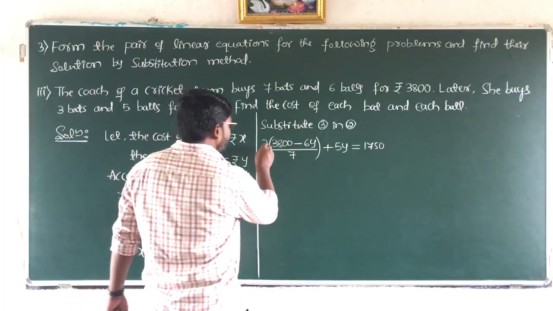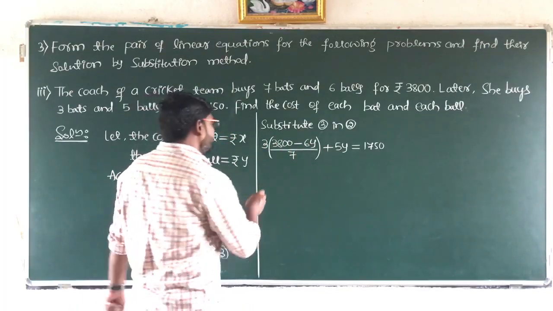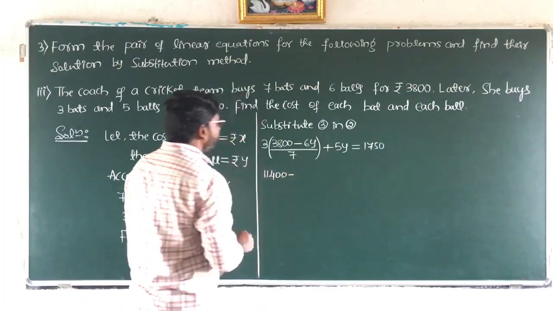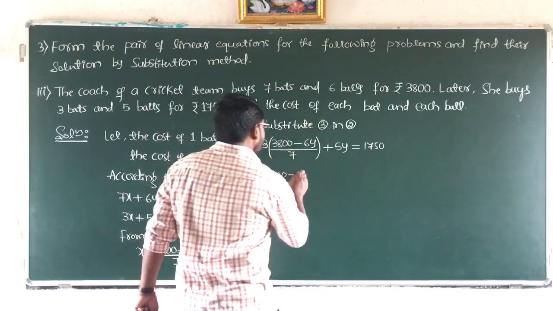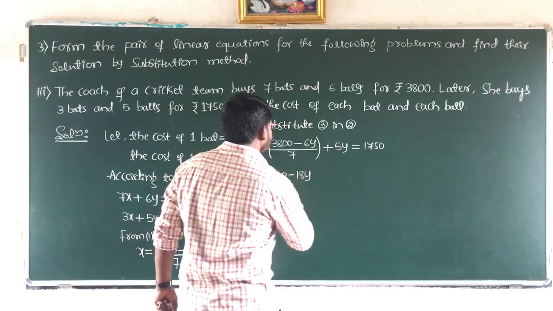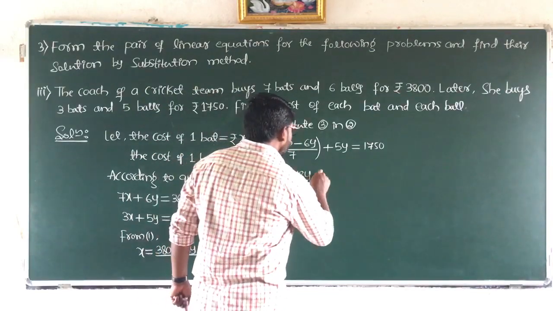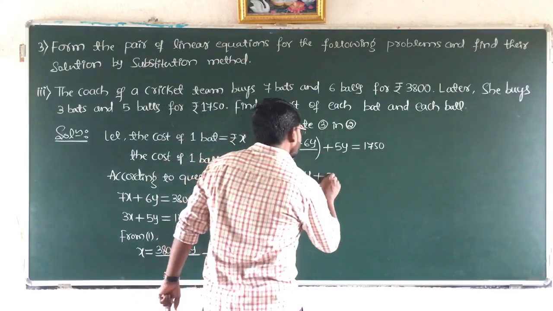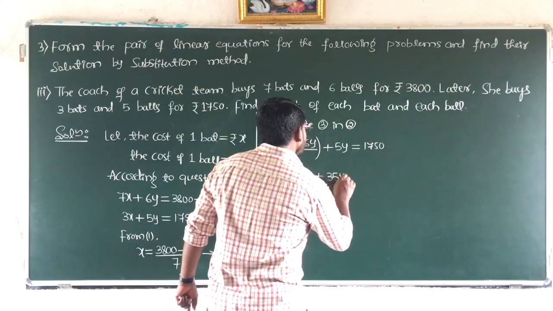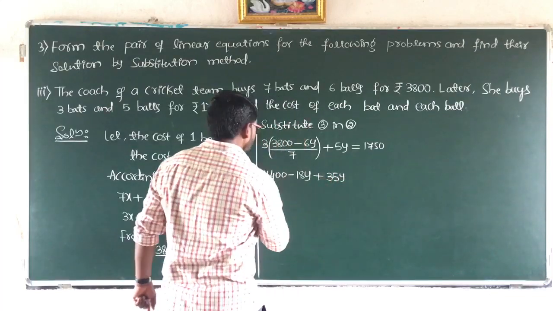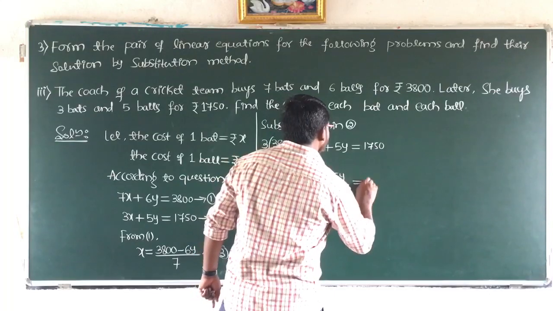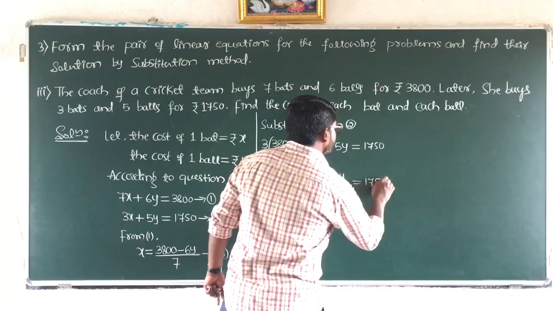So now 3 into 3800 will be 11400, then minus 3 into 6y will be 18y, plus 7 must be multiplied with 5y. So we get 35y, then whole divided by 7, which is equals to 1750.